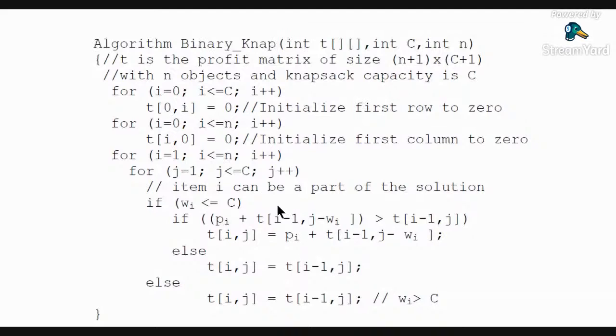So j minus Wi decides the inclusion of the ith object or not, and profit Pi is nothing but the profit associated with the ith object. If this expression is greater than this, then Tij is updated to this expression. Otherwise, Tij will remain Ti minus 1j. What does it mean? It means that if we include the ith object, then we are not getting something better than the existing scenario.